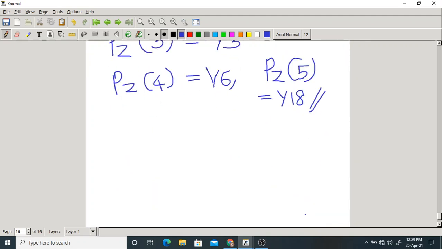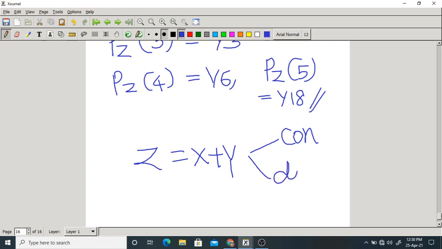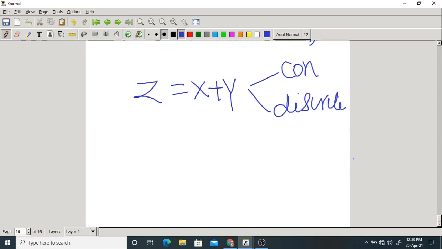So here we have done Z equal to X plus Y for continuous as well as for discrete. So what is common? If X and Y are independent, what can you say?